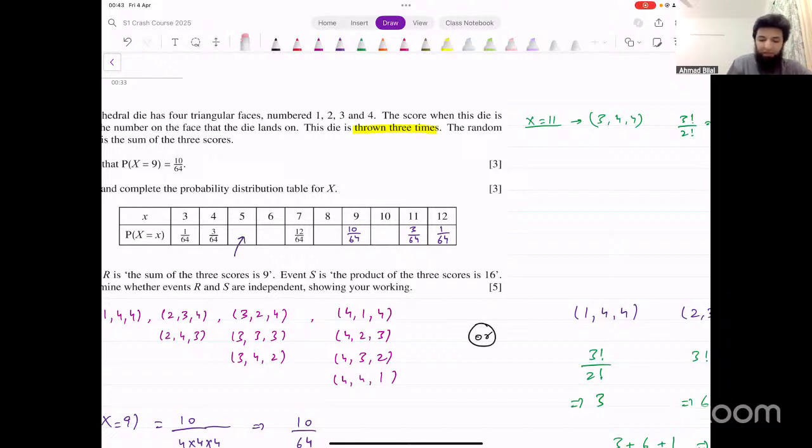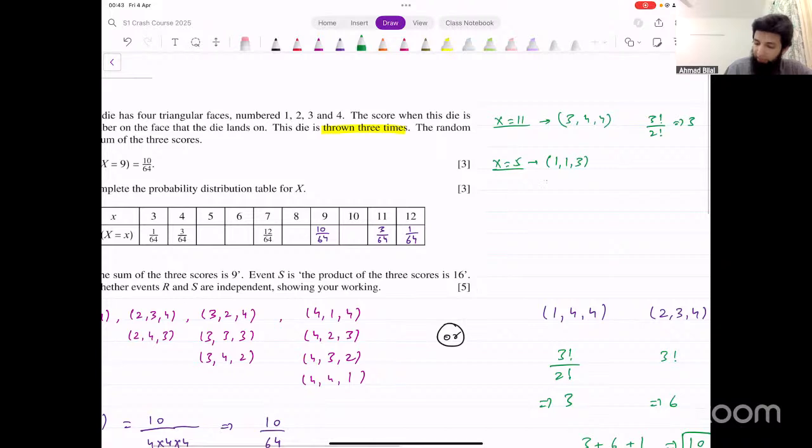Let's try 5. How can you get 5? 5 is possible with 1, 1, and 3. And 5 is possible with 1, 2, and 2. And that's it, right?